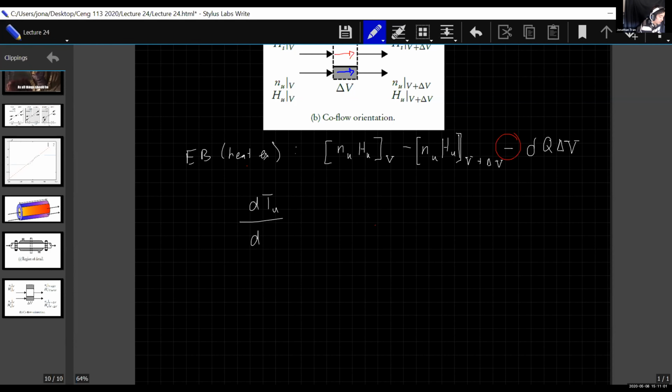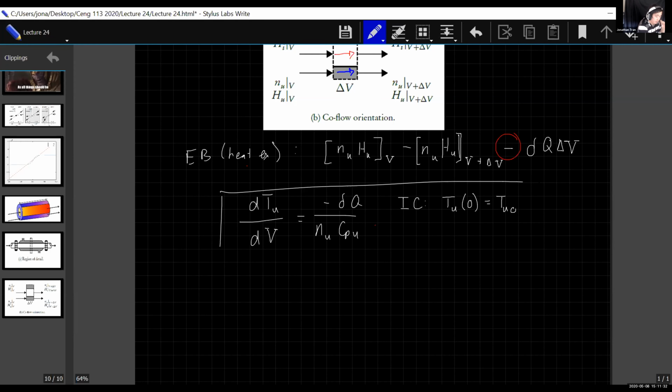So we can write this as a first order differential equation. dTu/dV is equal to negative del Q over nu CPu. Because we have a first order differential equation here, we need an initial condition. And in this case, our initial condition is Tu of 0 is equal to the inlet utility temperature. And so this equation here is going to be important. And this is equation 8.15 in your text.